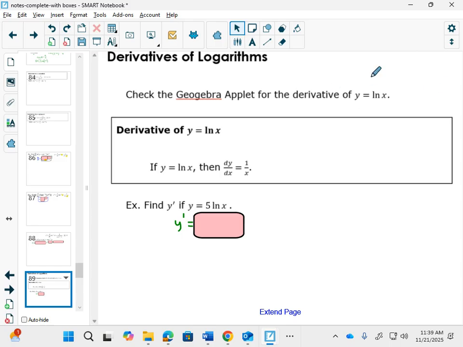And we already saw this GeoGebra applet, I can even pull it up again if we want to see it again.